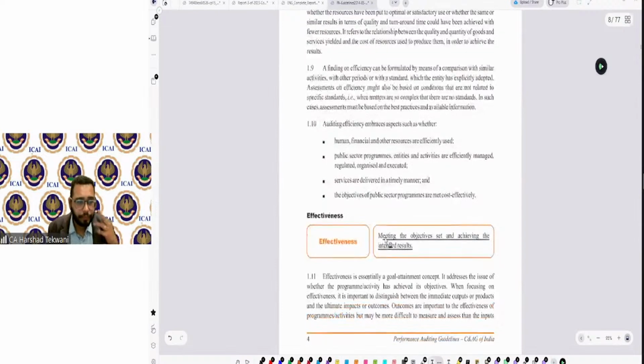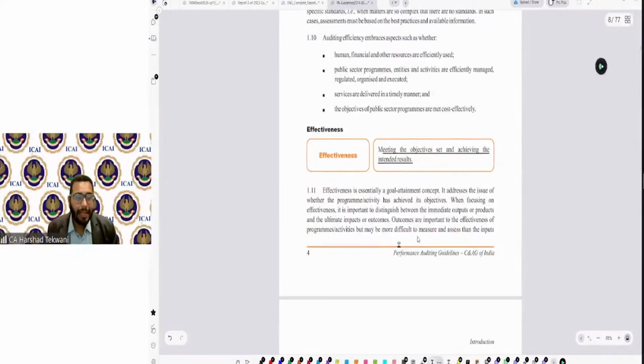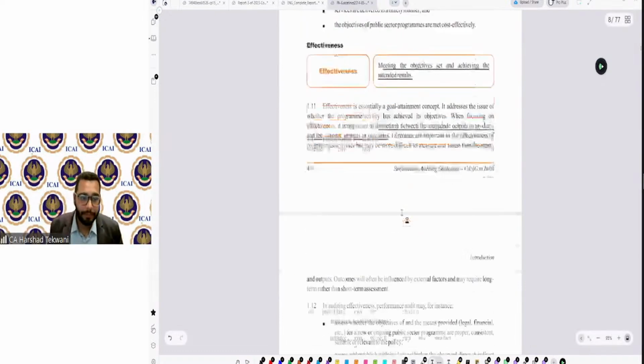And third is effectiveness, which is about distinguishing between the immediate outputs and products and the ultimate impact of the outputs. For example, when I talk about efficiency, I talk about input and output: with the given input, whether I'm getting the maximum output or not. But in effectiveness, I take this maximum output and ask whether it is sufficient or not. That is something I measure in effectiveness.